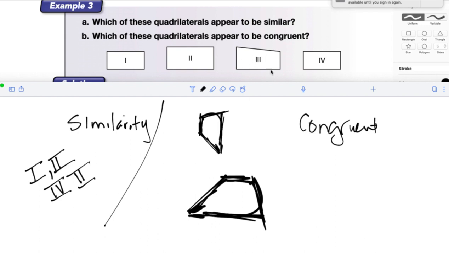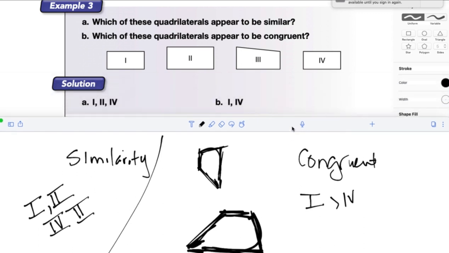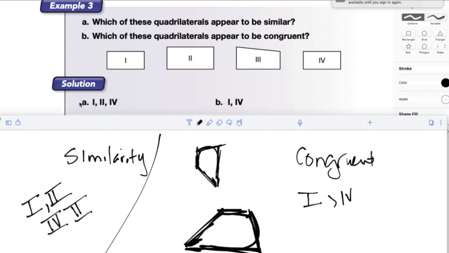That's what congruence means. And when I see that, number 1, and this one, number 4, are definitely congruent. Hope that made sense. All right, so we've got congruence and similarity. Those are similar, and these over here are congruent.